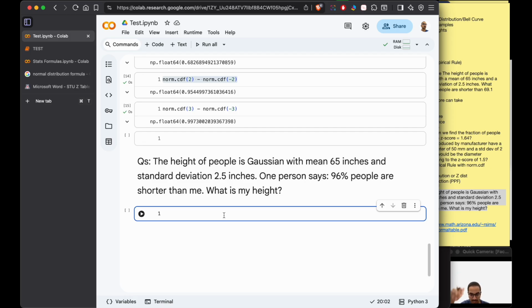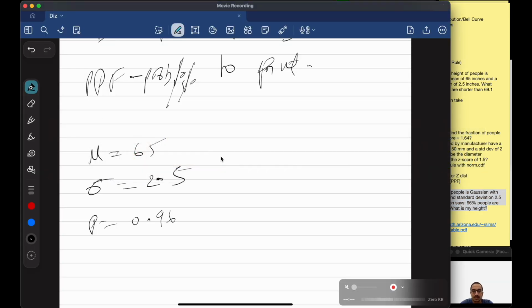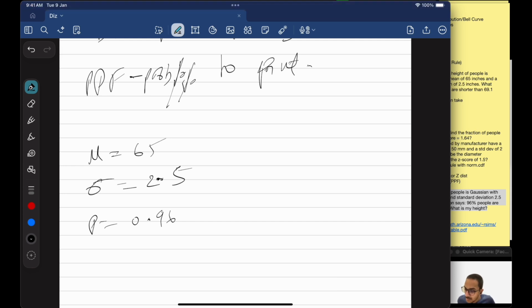So one of the guys standing in the crowd is saying 96% of people are shorter than him. The question is, what's his height? So we already have the probability, which is 0.96. Now we have to find the point, the variable, the point value, which is his height.